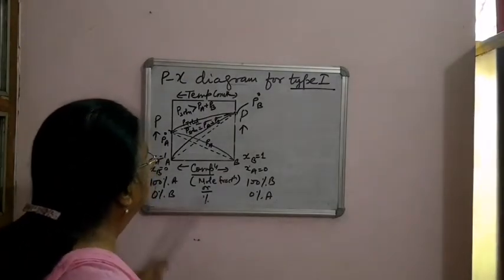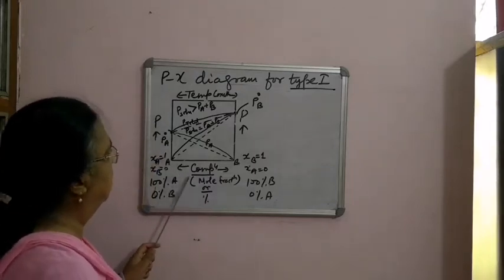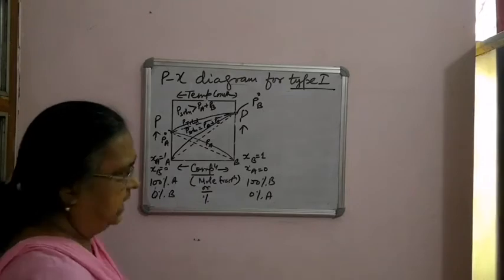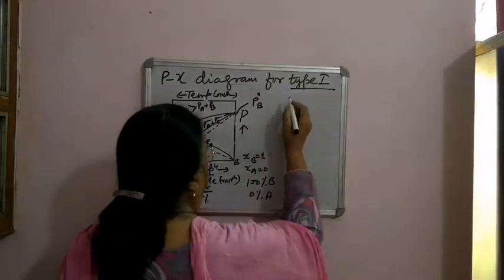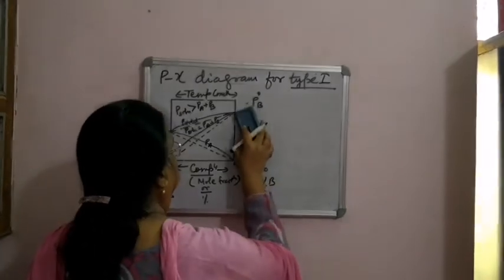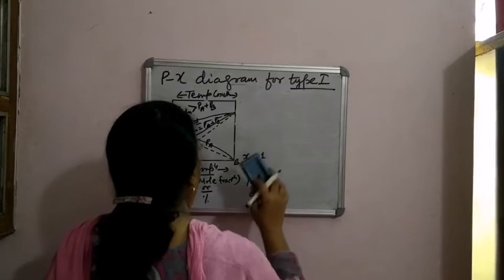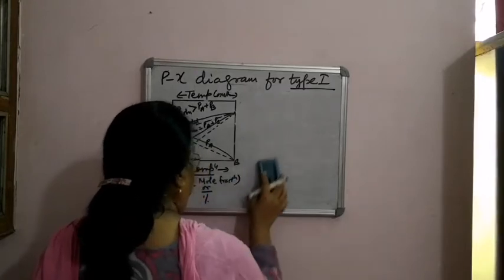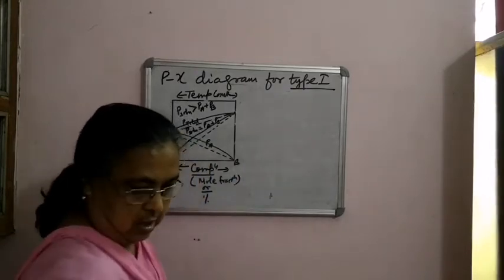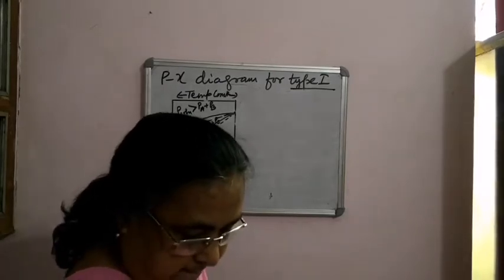So this is the Px diagram, and for the same we will be drawing the Tx diagram. So here I do the Tx diagram for you. I rub it here, this is all, and another graph. Okay, I use another color.